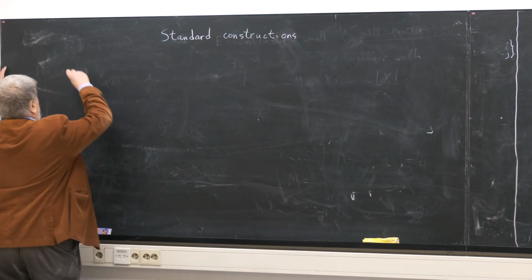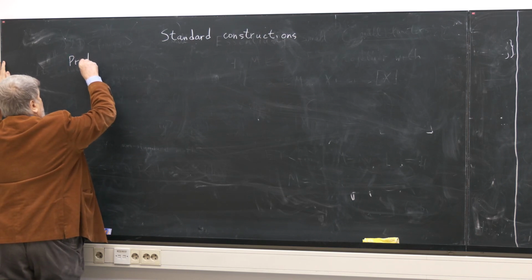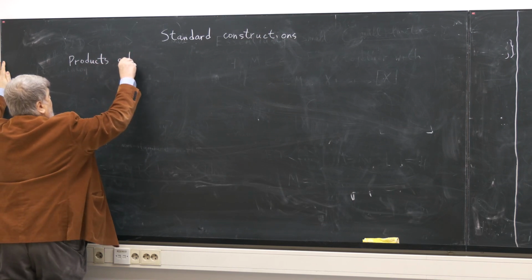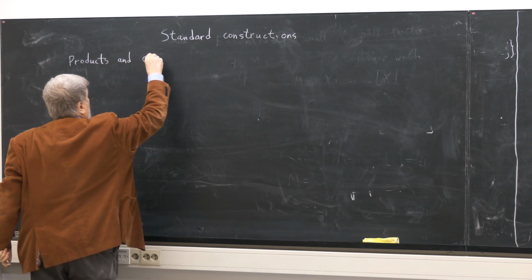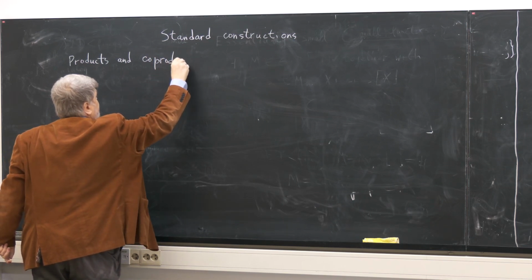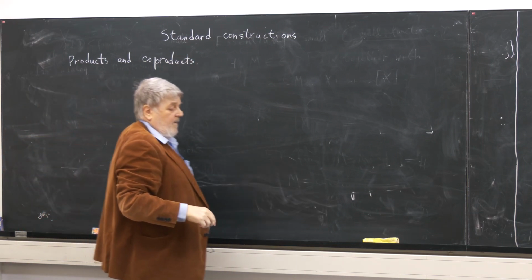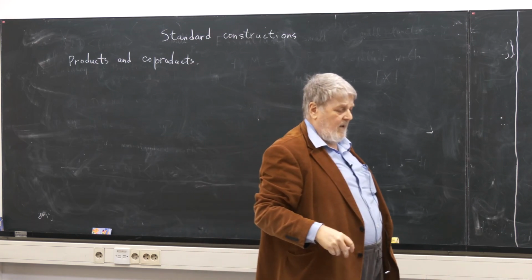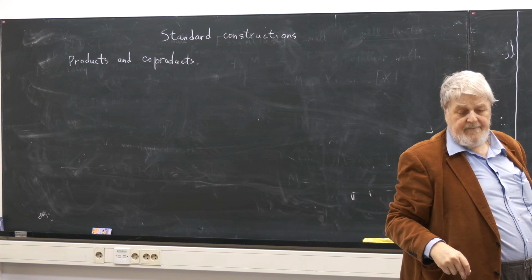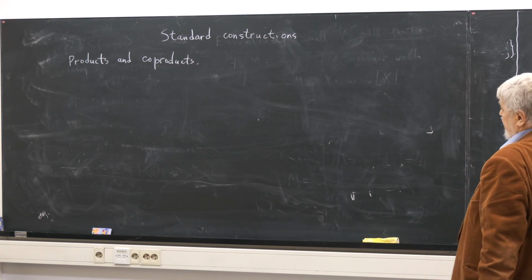So, products. The first one is products and co-products. Well, the only problem here is to choose the appropriate notations.